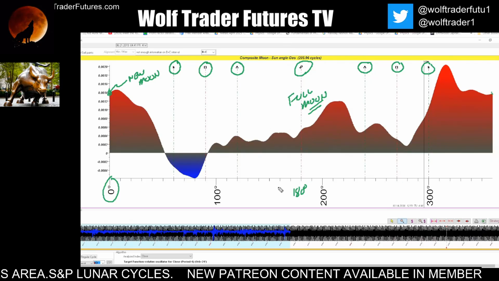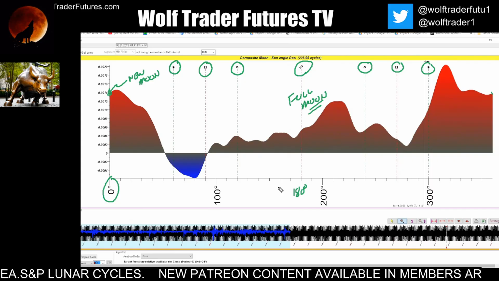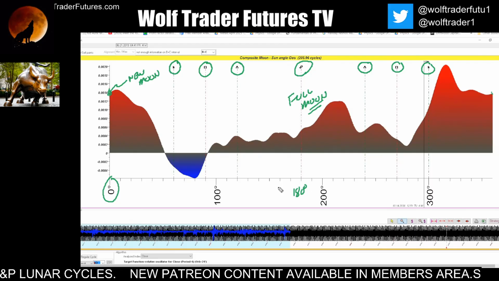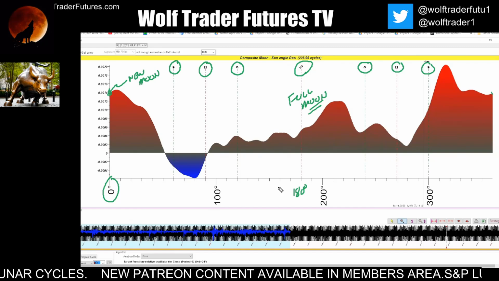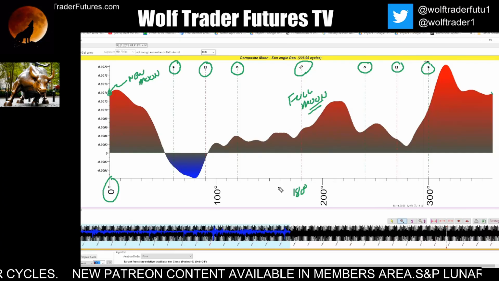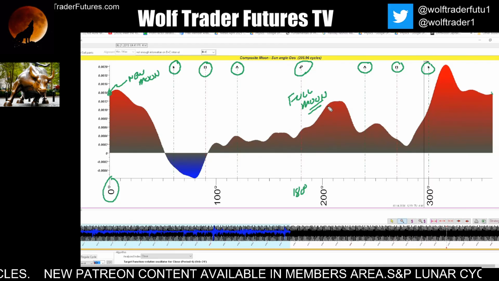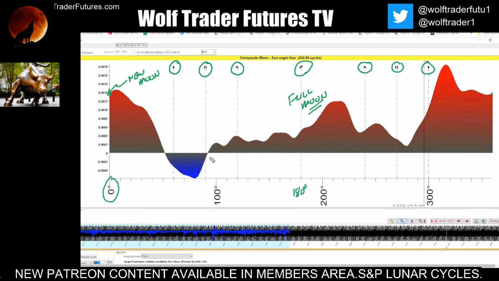What's interesting about this is, let me just point something out. When you use the Bradley model, it automatically assumes that conjunctions are good, trines are good, sextiles are good, and squares and oppositions are bad. Well, that's not the case. If we look here at the data, clearly that's not the case, right? We've seen situations where oppositions can draw markets up. Sometimes the market rises in a square. It just depends.